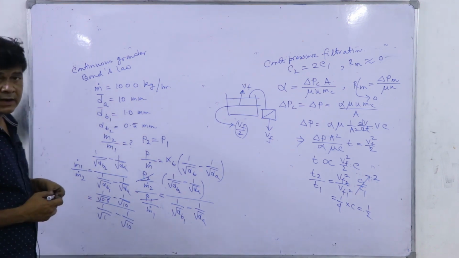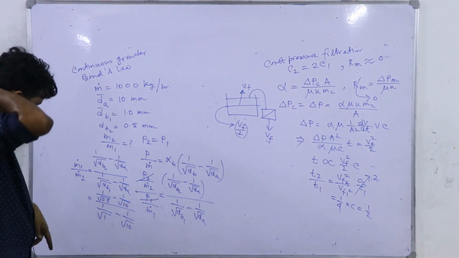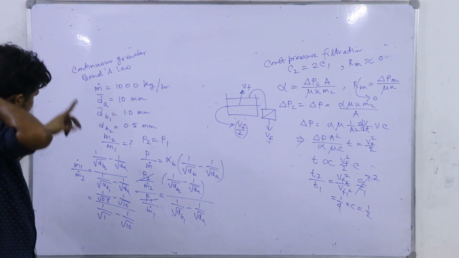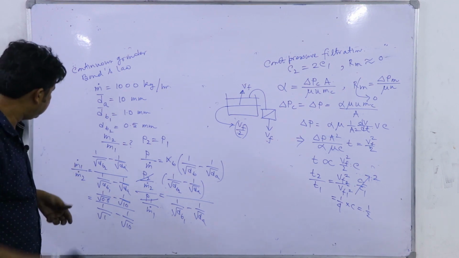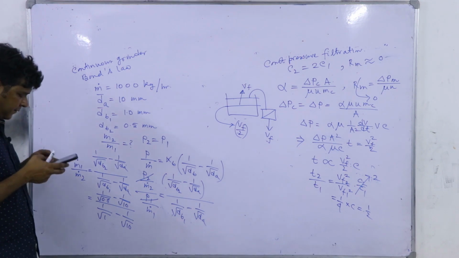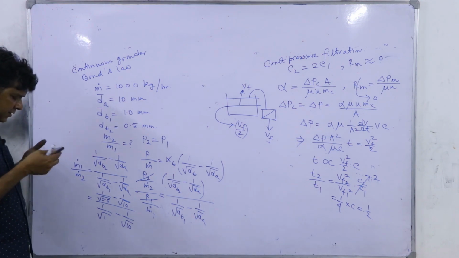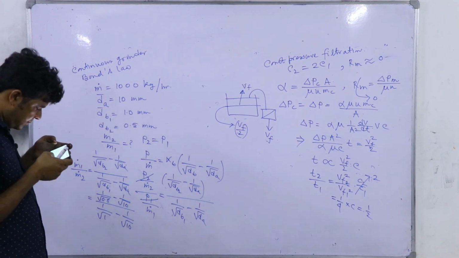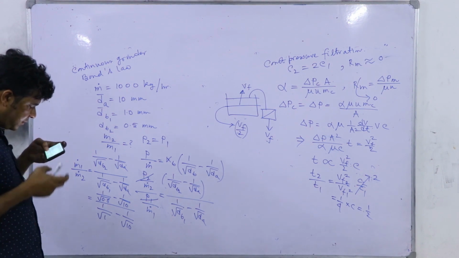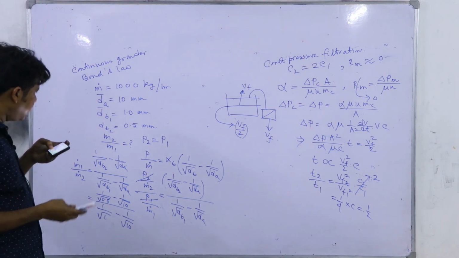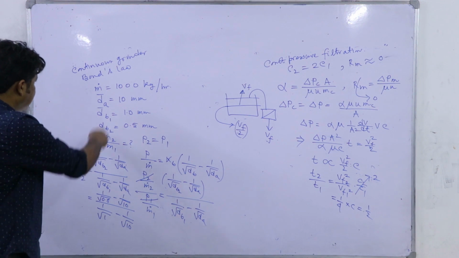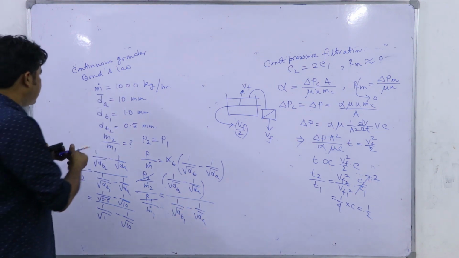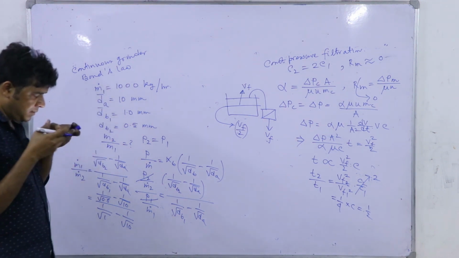From there we can calculate the factor by which the new mass flow rate, or the rate of feed to that grinder, is being reduced. So we have to calculate the kg per hour. Once we get the ratio, we know this m1, so we can calculate m2 dot.